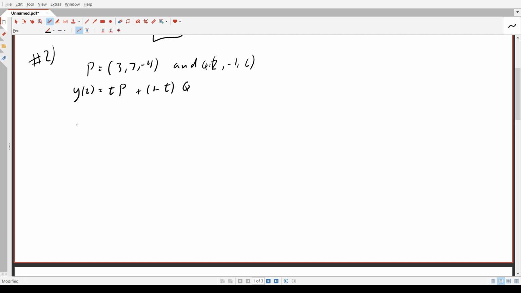The easier way, I'll call the point M for midpoint. It's just going to be the average of these two. So I'm going to do (3 + 2)/2, and then (7 - 1)/2, and then (-4 + 6)/2.